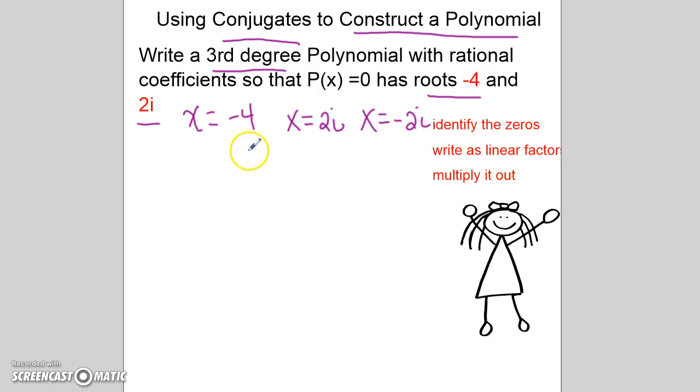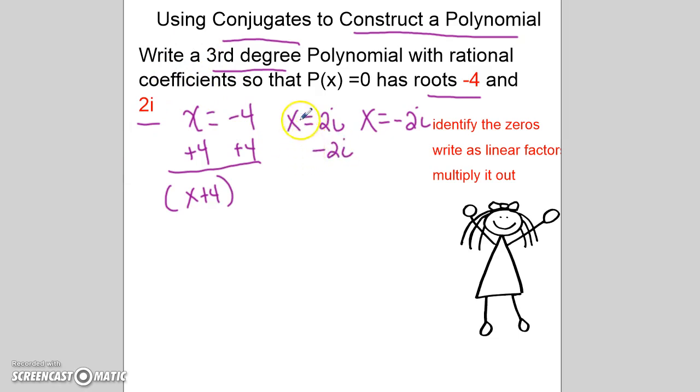Remember before, to turn these into linear factors we worked backwards, and I got x plus 4 here. We did this in class, so I'm going to do the same thing here.